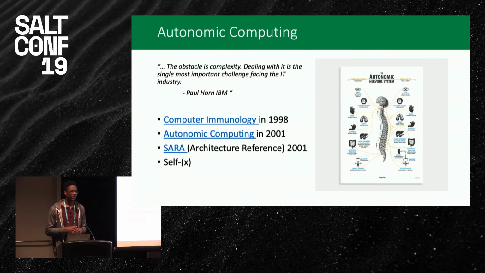Then IBM coined the term autonomic computing in 2001. The same year, DARPA released an architecture called the SARA model, which is Survivable Autonomic Recovery Architecture. This model tries to be self-healing, self-diagnosing, self-optimizing, and self-protecting, the design philosophies that SALT is growing into.